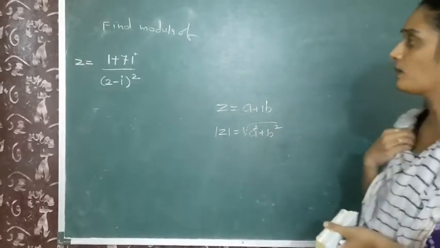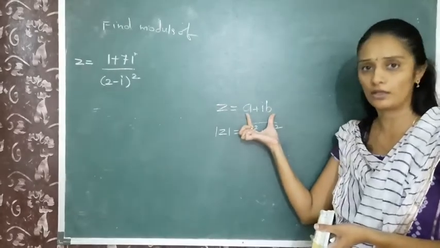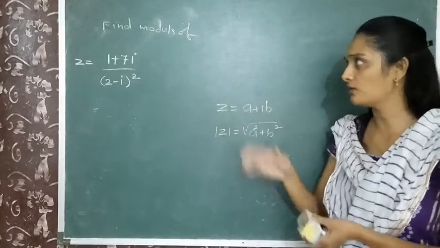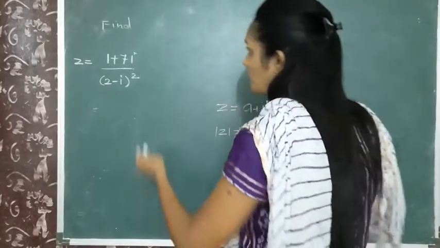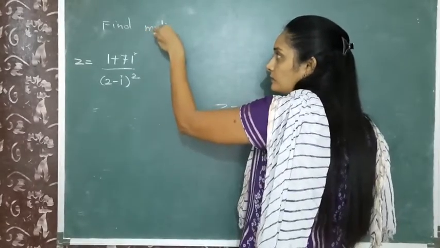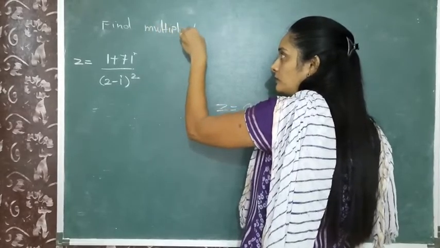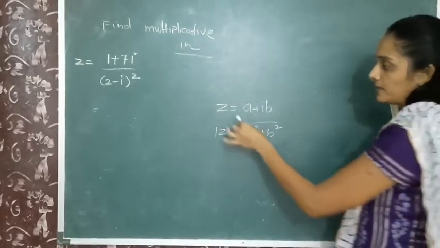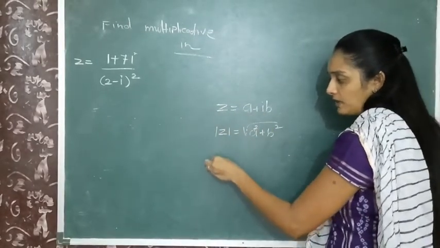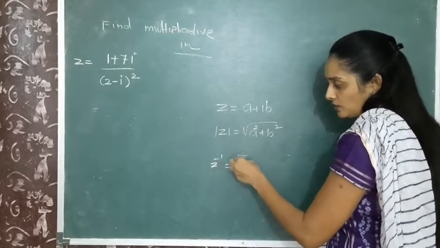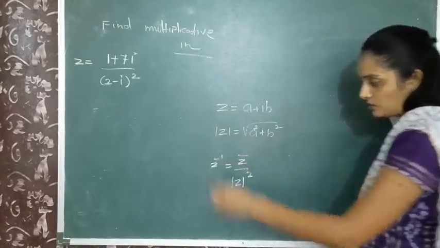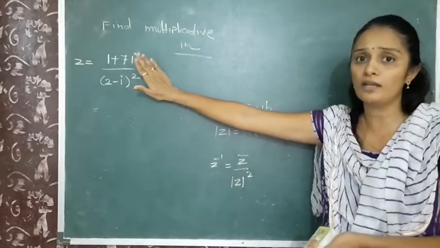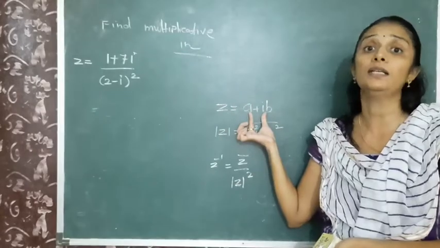That means whenever the complex number is in a plus ib form, in standard form, only then do we find the modulus. Otherwise it may be asked as find the multiplicative inverse. Then also we know if z is equal to a plus ib, then the multiplicative inverse is z bar upon modulus of z square. So for any question, first we have to convert the given number into a plus ib, that means standard form.